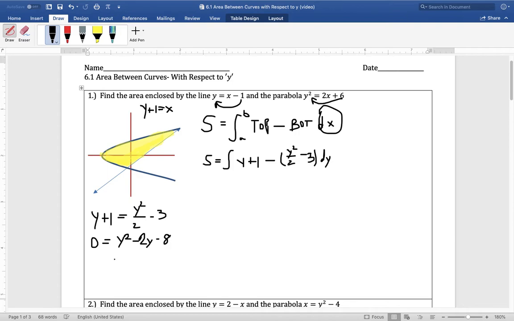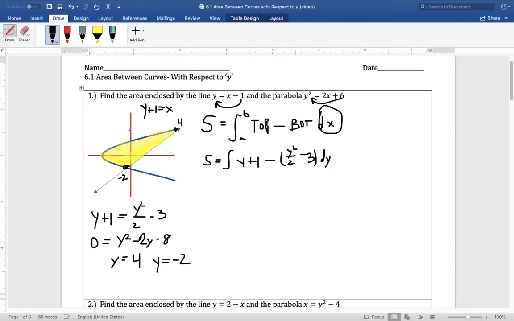And again, just to save me some painful pen strokes here with the mouse, if we factor this, you're going to get minus 4 plus 2, which is 4, and negative 2. Which is exactly where this is right here. This is at negative 2 for the y, and this is at 4.